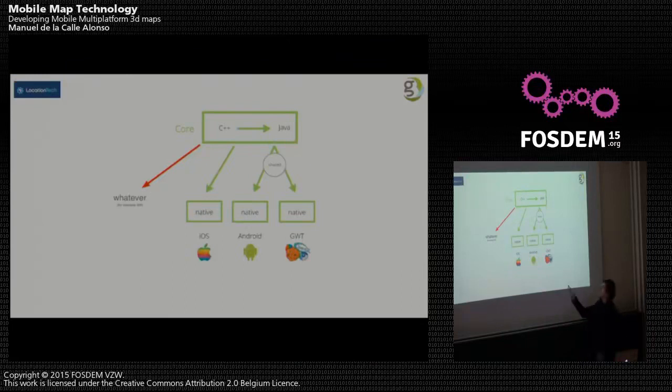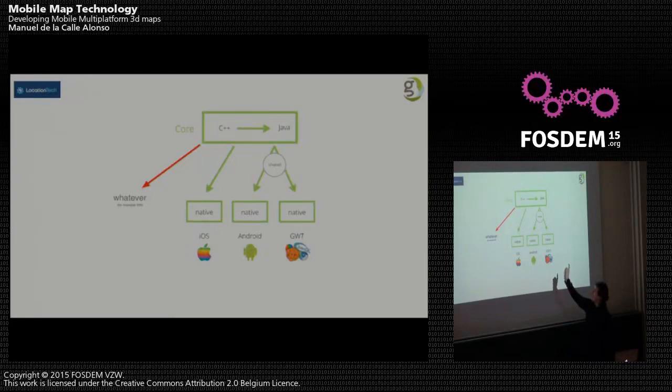For example, the GWT web application and the Android application can share 80% of the code because you only have to develop the user interfaces. If you also translate code in your application, you can share a lot of code between iOS and Android.